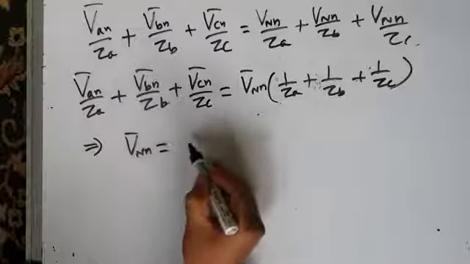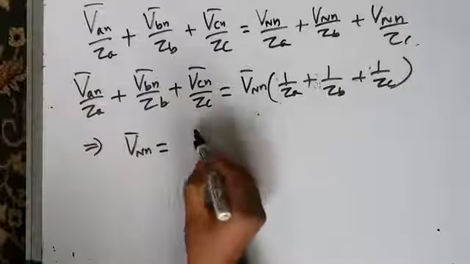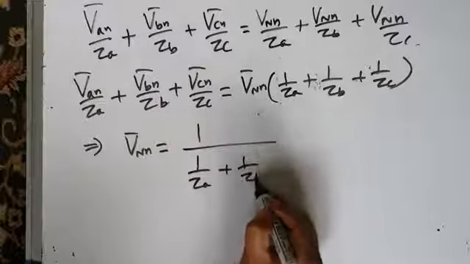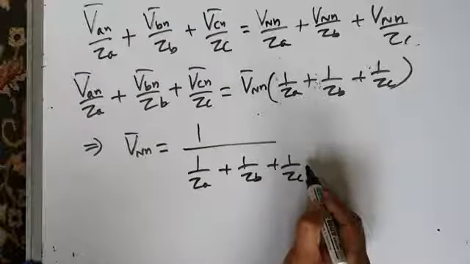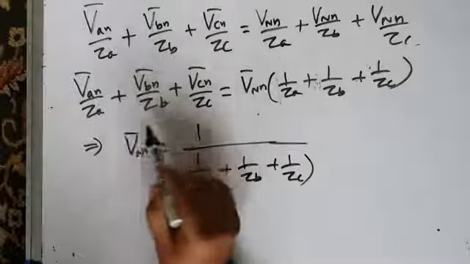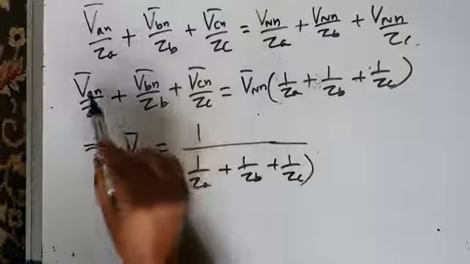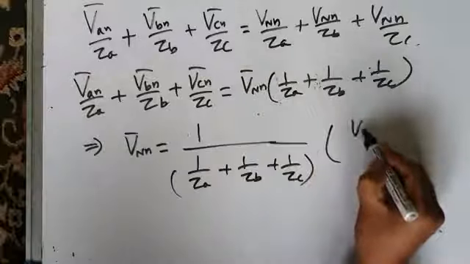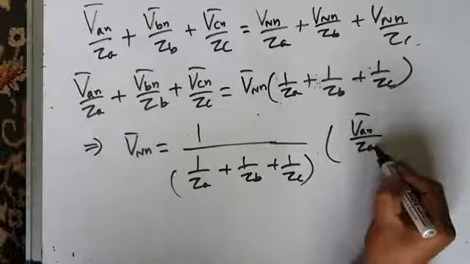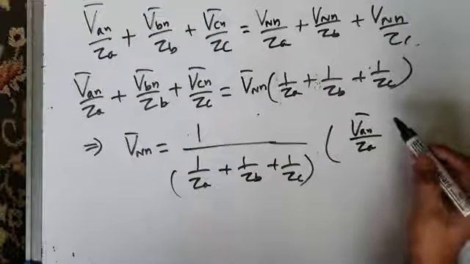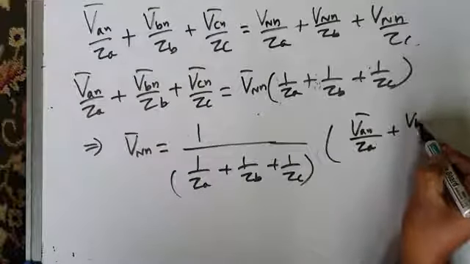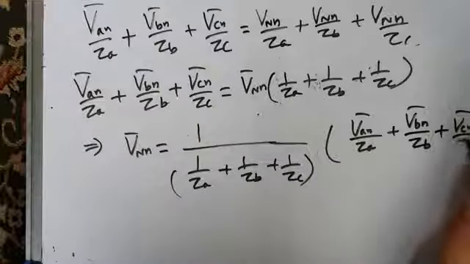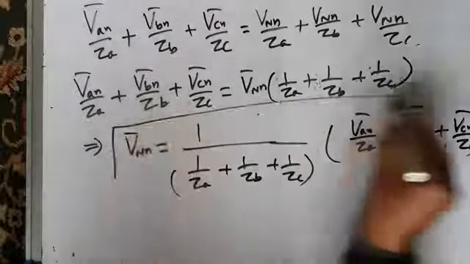VNN will be equal to this divided by whole divided by this, 1 by ZA plus 1 by ZB plus 1 by ZC. So that is VNN is equal to this, 1 by this into this, that is VAN by ZA plus VBN by ZB plus VCN by ZC. This is how you find neutral to neutral voltage.